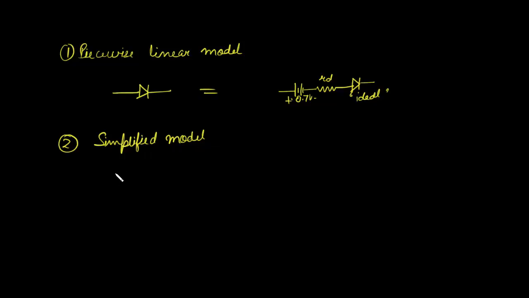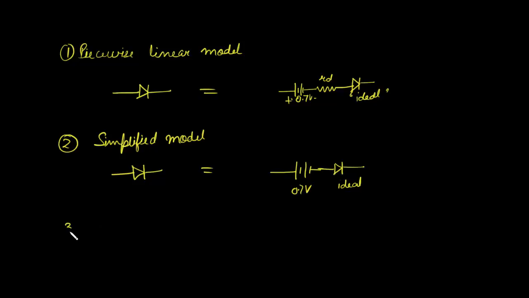In this model, the junction diode, silicon diode, or practical diode, whatever name we call, is simply replaced by this voltage source of 0.7 volt and this ideal diode. We ignore this resistance in analysis.